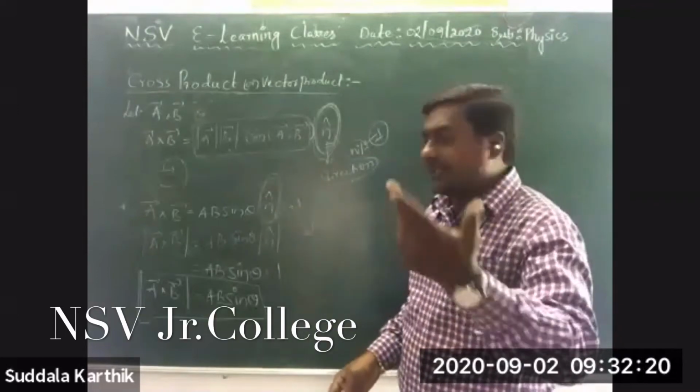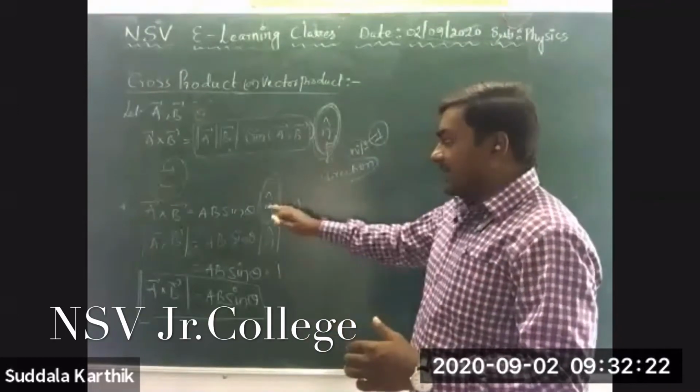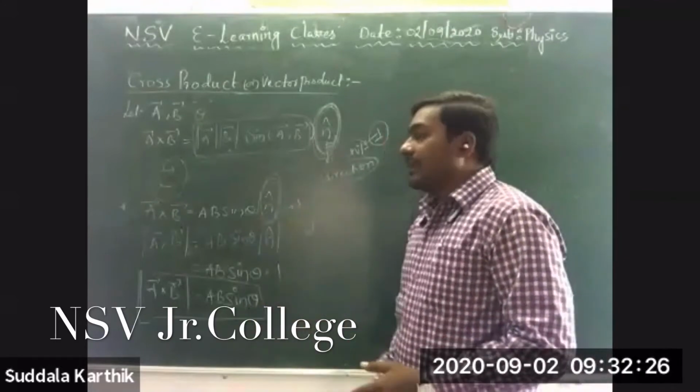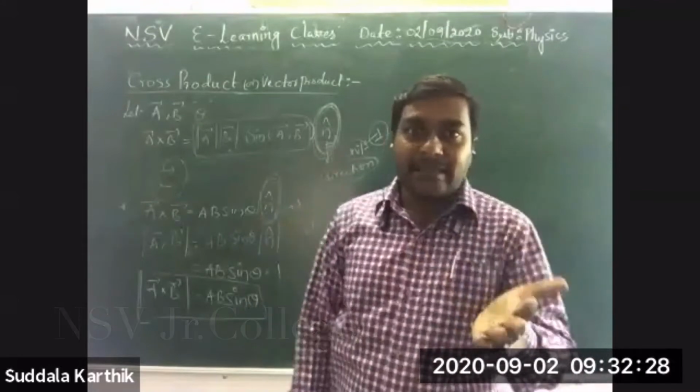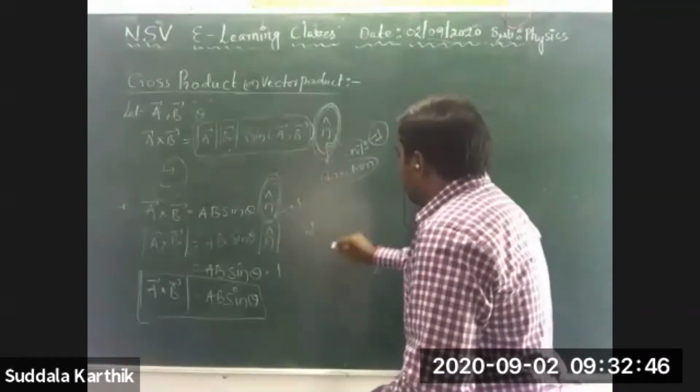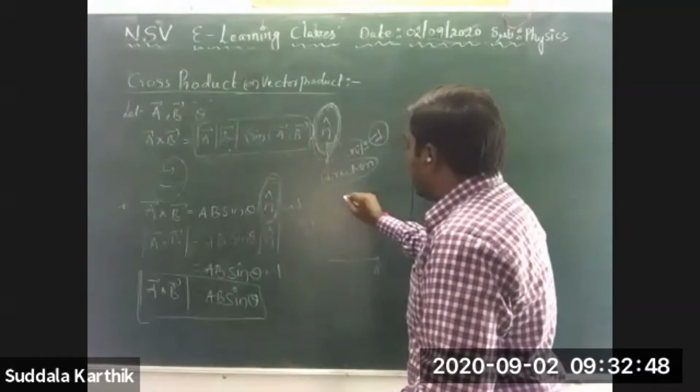How can you calculate the direction? There are two different methods. See here, this is vector A bar and this is vector B bar.